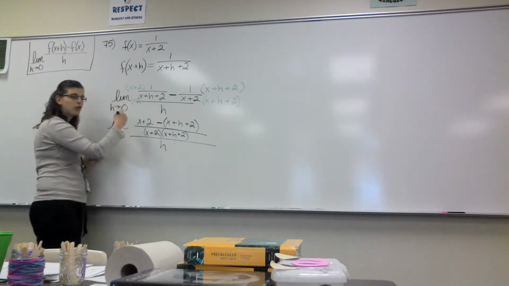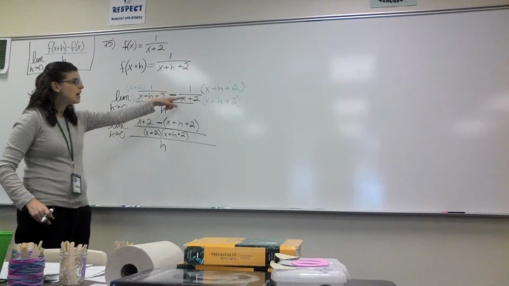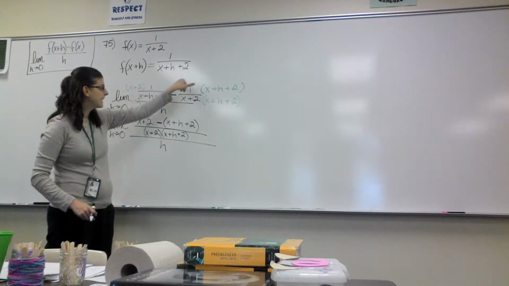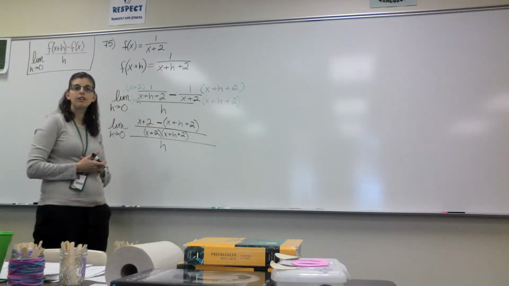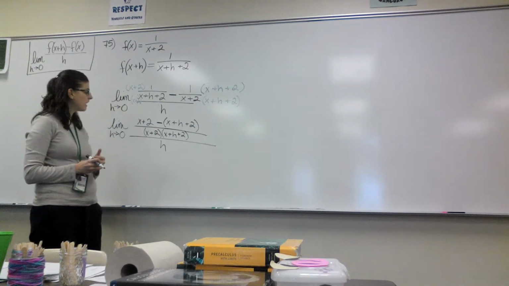Don't forget your overall denominator of h. What I did was we got a common denominator, so I wrote the numerators together in one common numerator. That's what you would do after you've got a common denominator. Okay?